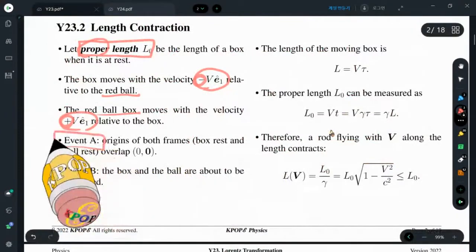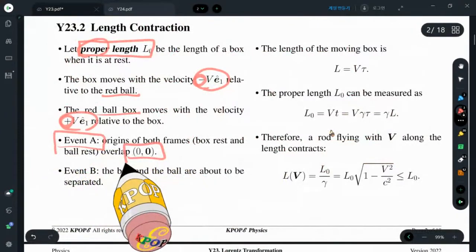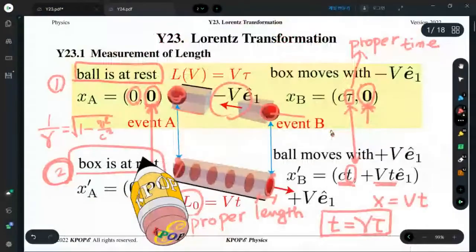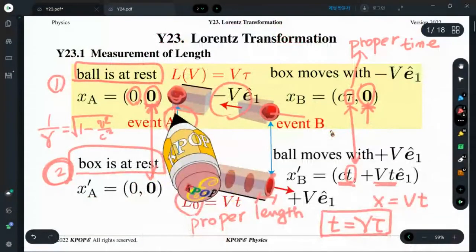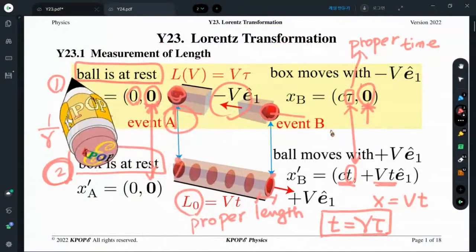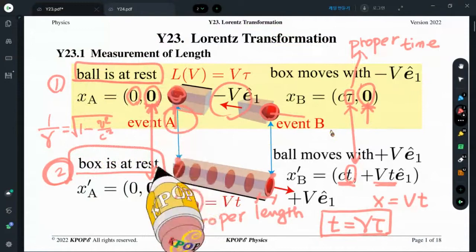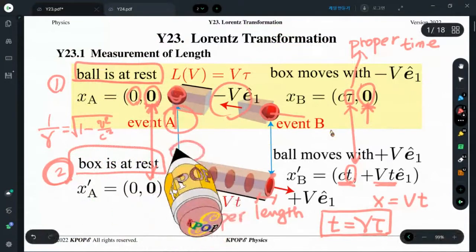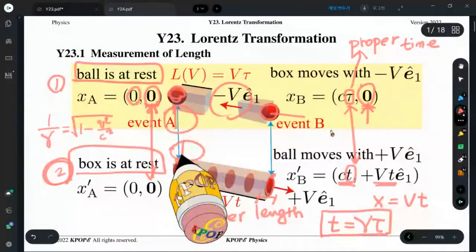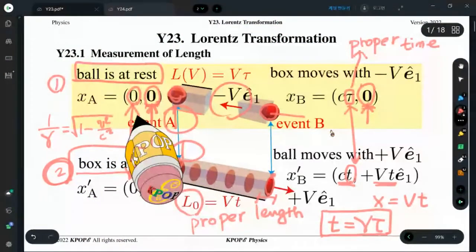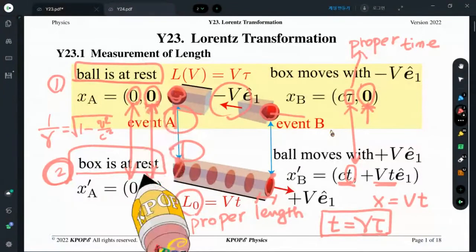Okay, event A is synchronized. We put a stopwatch fixed at the ball's rest frame and another stopwatch fixed at the box rest frame. They were synchronized to be indicating 0 at time.